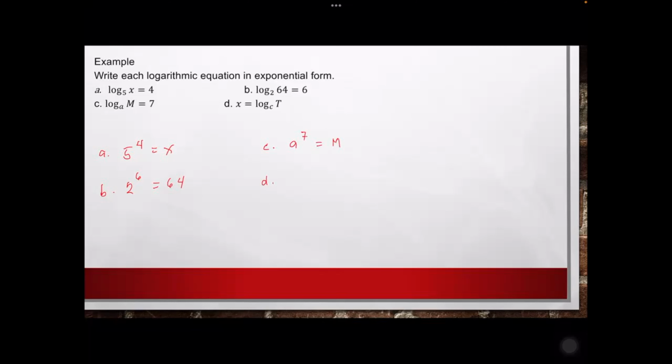How about letter D? Okay, so magkakaroon ng c raised to x is equal to t. Question? Naintindihan po ba? Nakuha po ba?